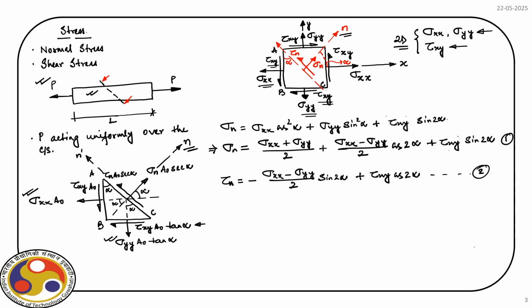Then, if we consider any angle alpha with respect to positive x, then we can easily find out what is the value of sigma n and tau n. Now, if we change this direction, we can find out the normal and shear stress acting on any plane passing through this wedge.